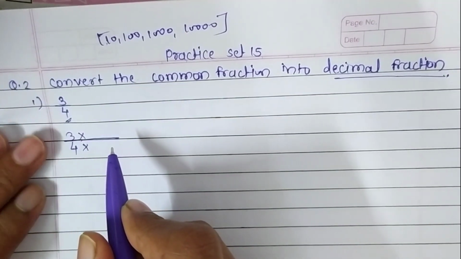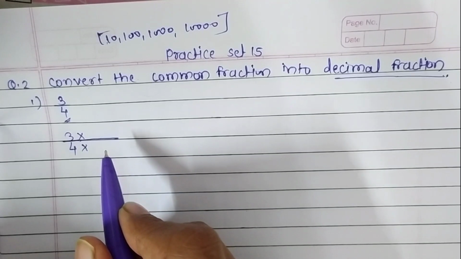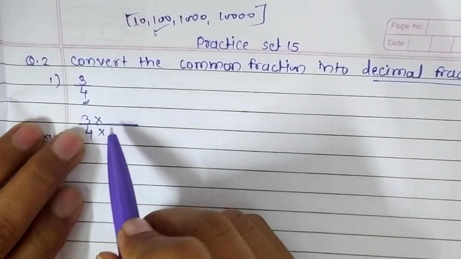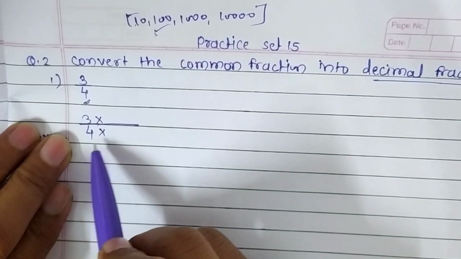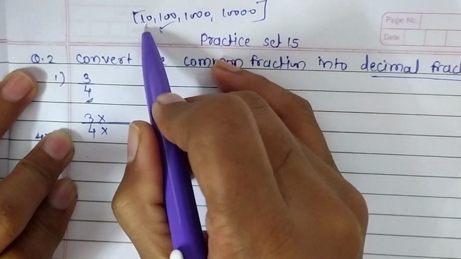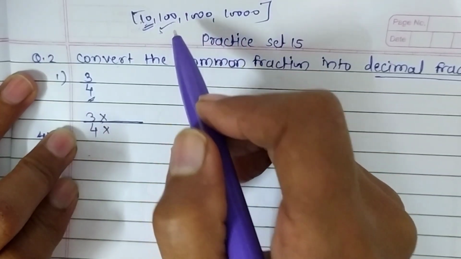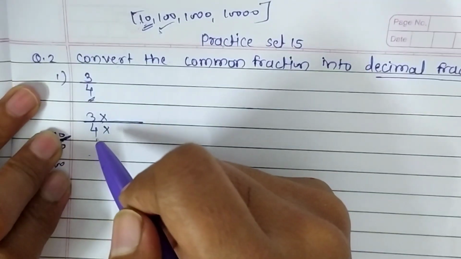Now find out in which table we can find 10, 100 or 1000. By multiplying 4 by any number we cannot get 10. So look at 100. For 100, by which number do we have to multiply 4?